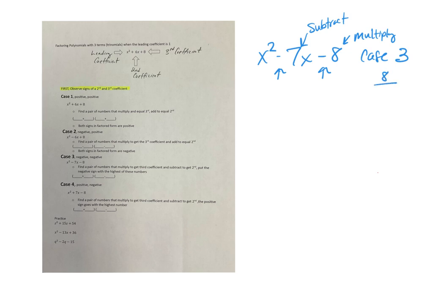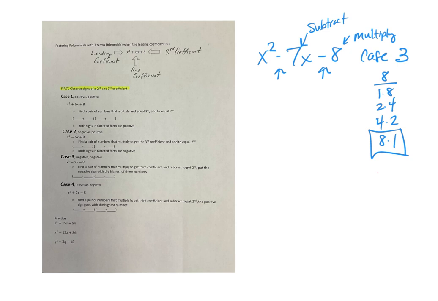So when I write down all of the factors of 8, I can see right away that I need 8 and 1 because 8 minus 1 is 7.